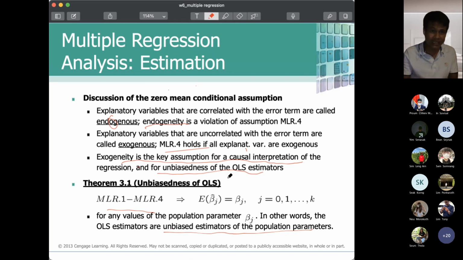And just like simple linear regression, if assumptions 1 to 4 are met, we obtain unbiased estimates, meaning that the coefficient you computed from the sample is representative, very close to the parameter of the population. All right.